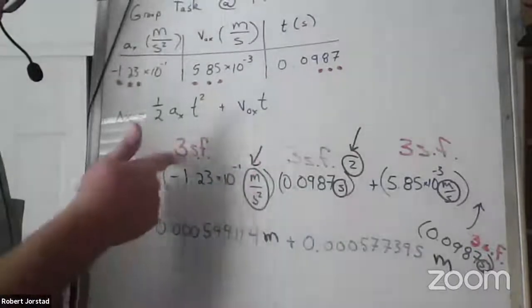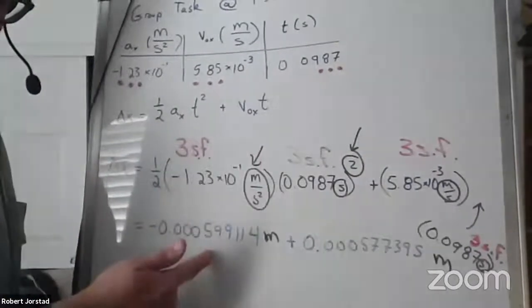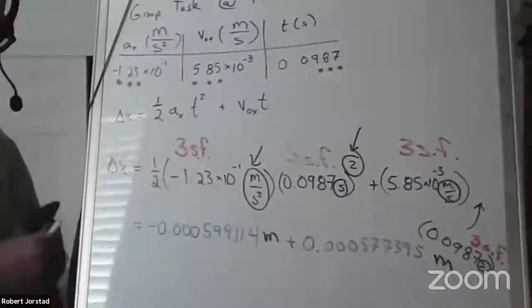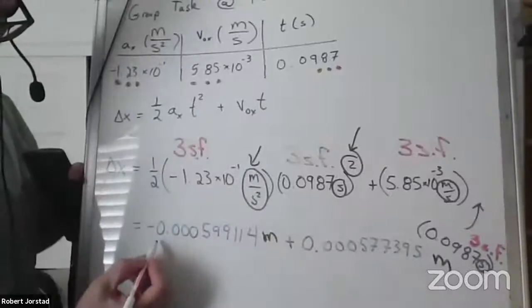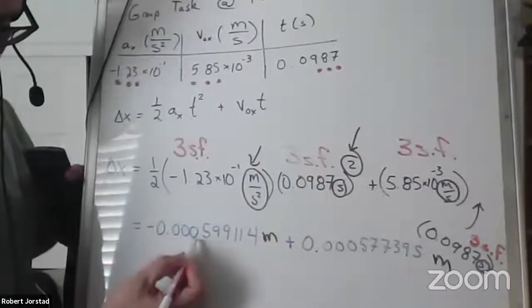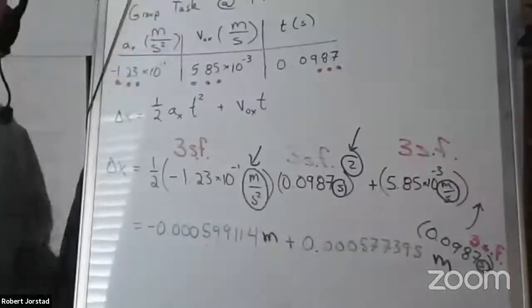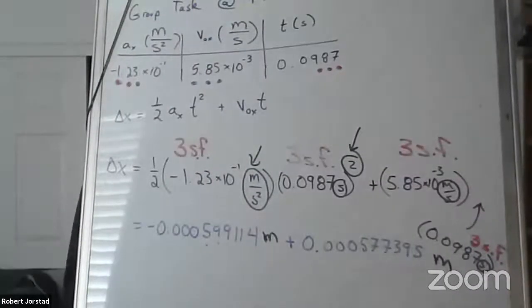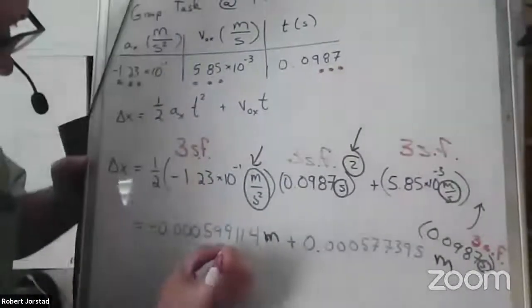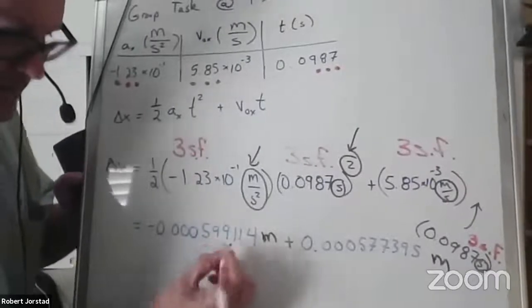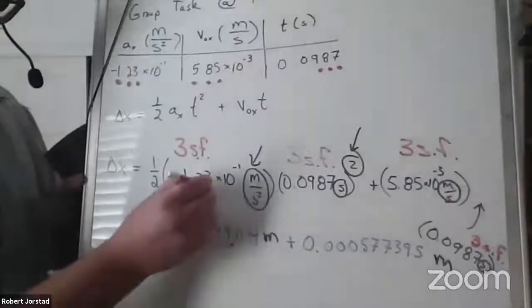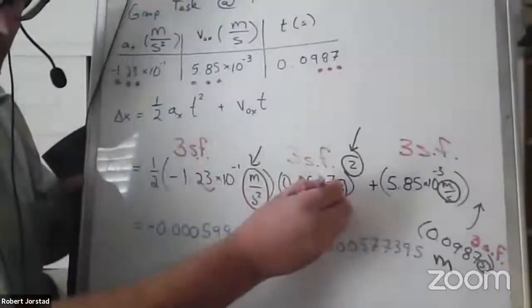So here, if this one has 3 and this one has 3, how many do you think this one should have? 3. So here's how I mark it. Are these significant? Nope. So 1, 2, 3. This is how I'm going to mark sig figs. Notice this has 3. This has 3.